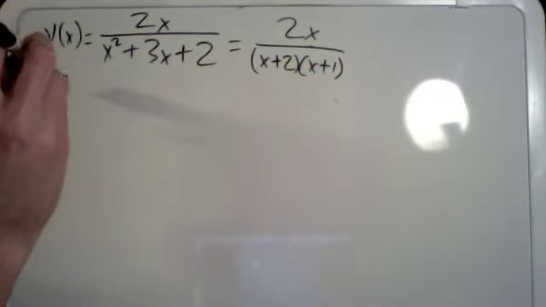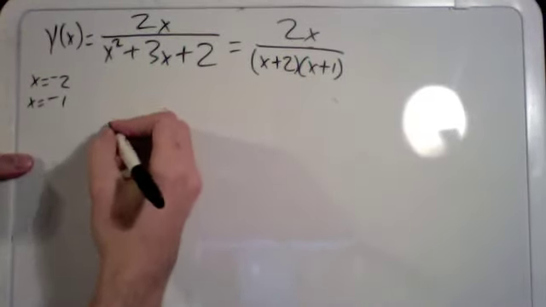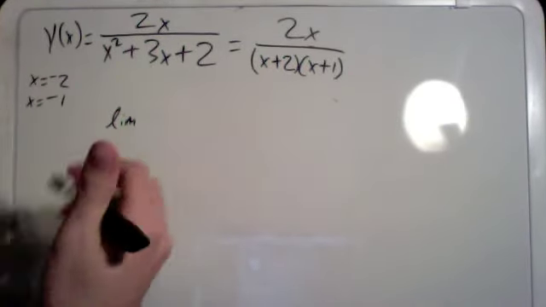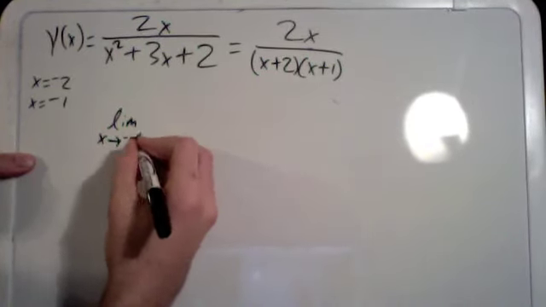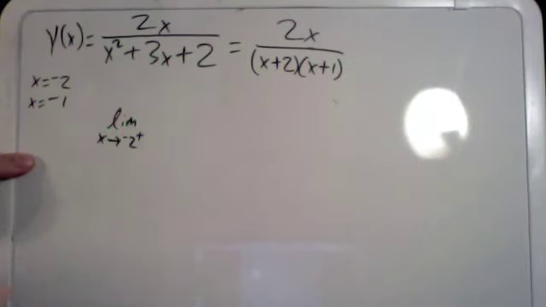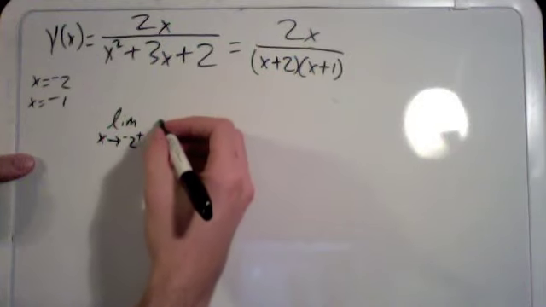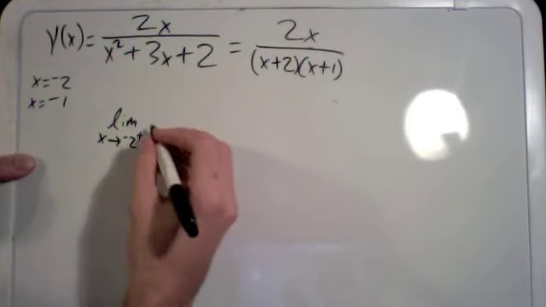Alright, so first we're going to figure out this limit for x equals negative 2. Now if we do this right, the limit should be equal to infinity if this is really a vertical asymptote. So the limit as x approaches negative 2, and we'll choose the right hand limit, we could choose right or left, of this function y of x.